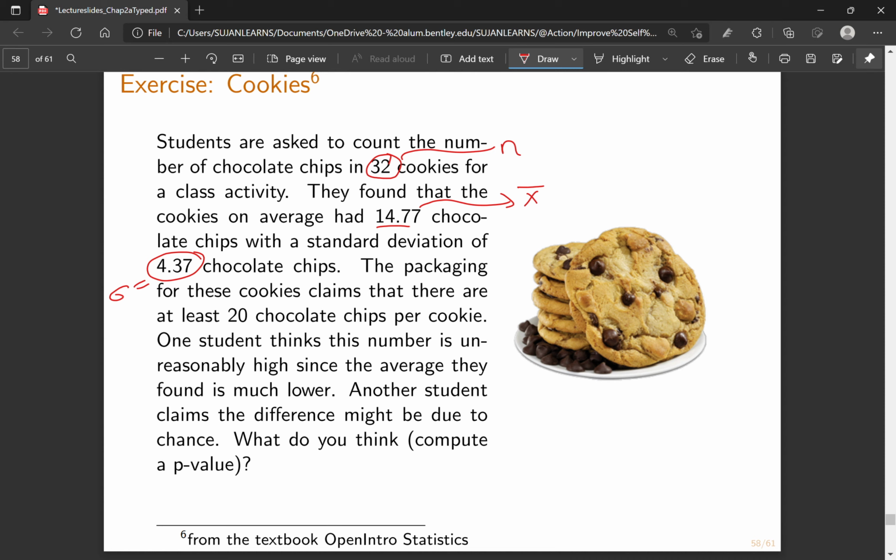So now you can imagine that students who were really busy studying were quite upset about this when they were eating chocolate chip cookies, and there were really few chocolate chips inside the cookies that were advertised on the box.